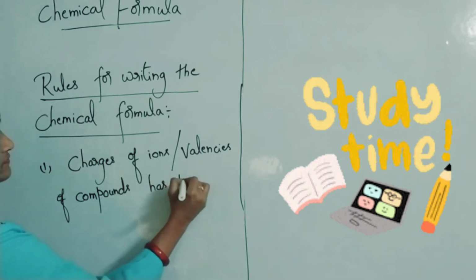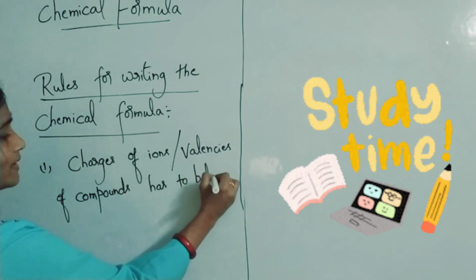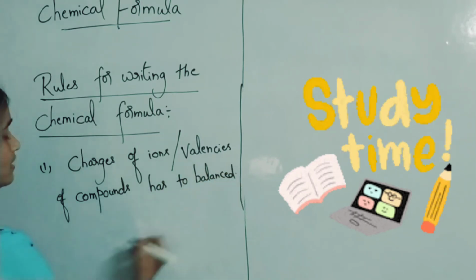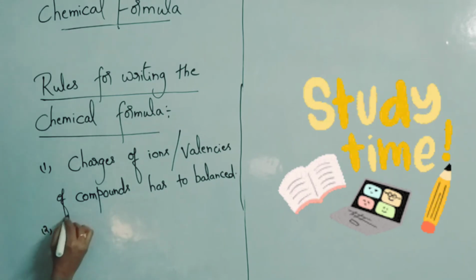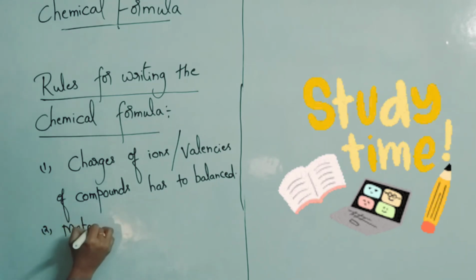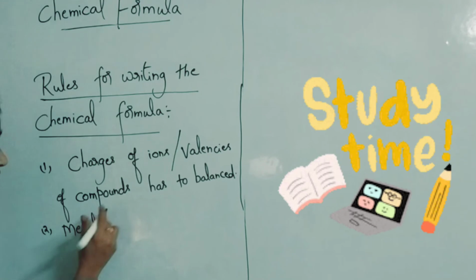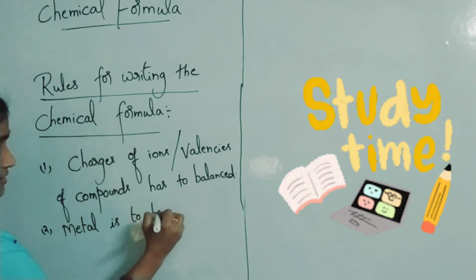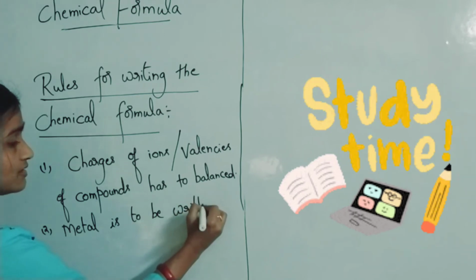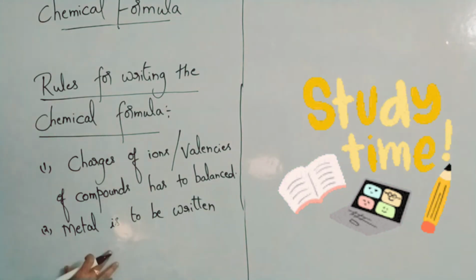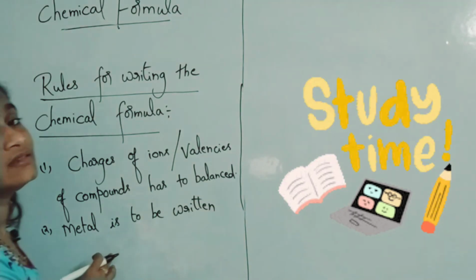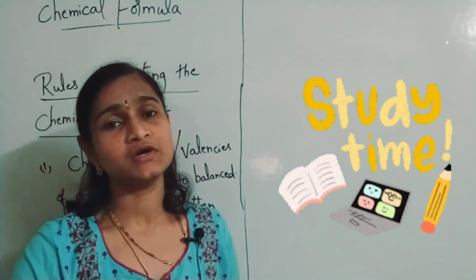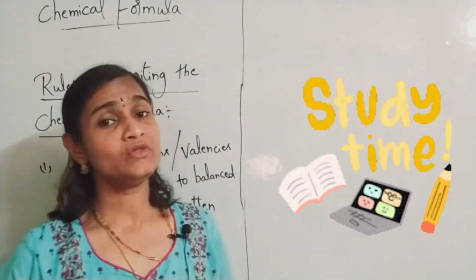Charges of ions or valencies of compounds have to be balanced. Second thing is, metal is to be written first, followed by a non-metal. In any compound you have to write the symbol of a metal first, followed by a non-metal.